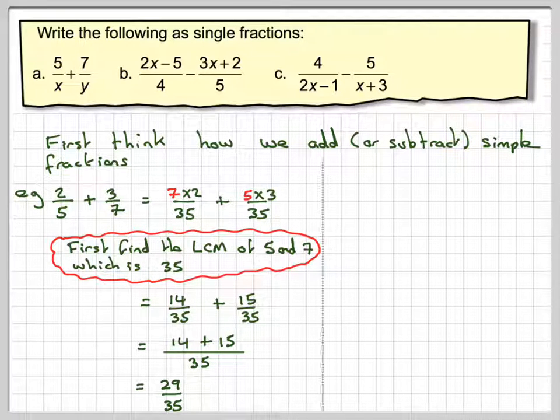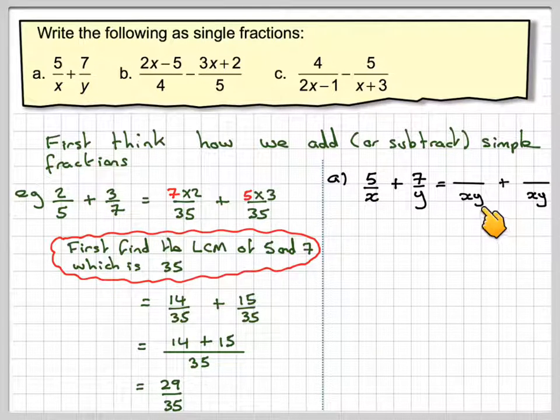Right, let's now apply that to our first question, which is 5 over x plus 7 over y. Well, the first thing we did, we looked for a lowest common multiple, and how we got that, we did 5 times 7, so let's do x times y. So we set up two fractions out of x times y. What do we multiply the x by here to get xy? By y, so we must do the same to the 5, so we write 5y. And then what have we multiplied this y by to get x times y?